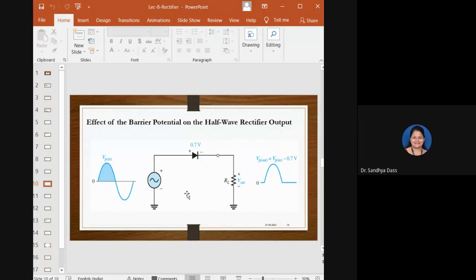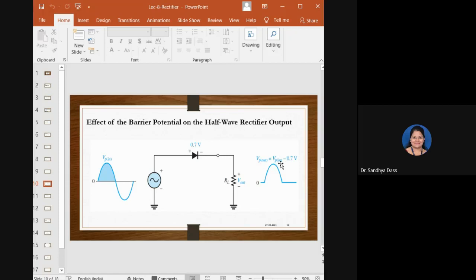Then the output will vary with respect to the barrier potential. That means there is an effect of the barrier potential on the output of the rectifier circuit. During the positive half cycle, the input voltage must overcome this barrier potential before the diode becomes forward biased. So the result is that the half wave output will be 0.7 volts less than the peak value of the input.